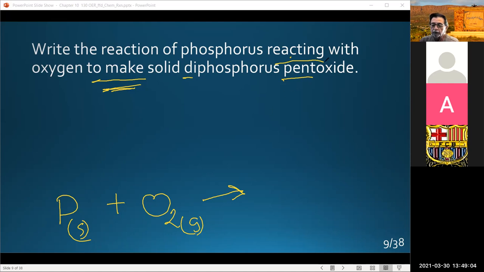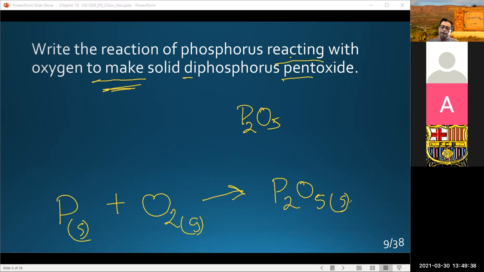If you recall, for this covalent compound, my first suggestion was to write the parent formula first, phosphorus and oxide, P and O. Then we put in the prefixes: di is 2 and penta is 5. So we have the formula for diphosphorus pentoxide, solid.